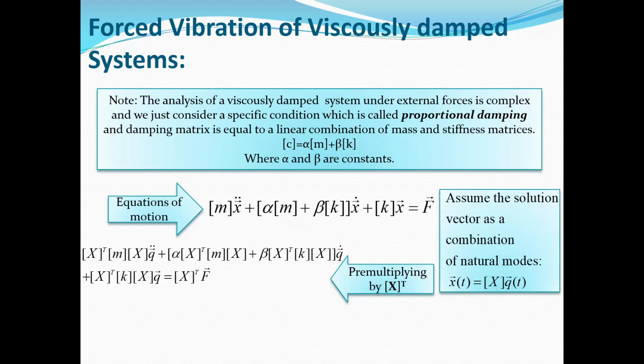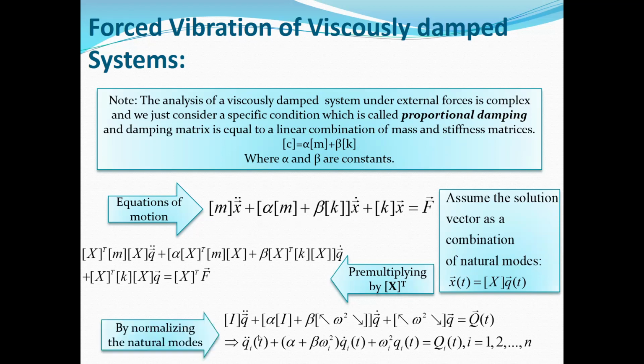Then we multiply by X transpose, and by simplifying this equation, we can extract a new form for the equation of motion. You can see again, we have the unit matrix multiplied by Q double dot. We have alpha multiplied by I plus beta multiplied by a diagonal matrix whose components are omega squared, multiplied by Q dot.